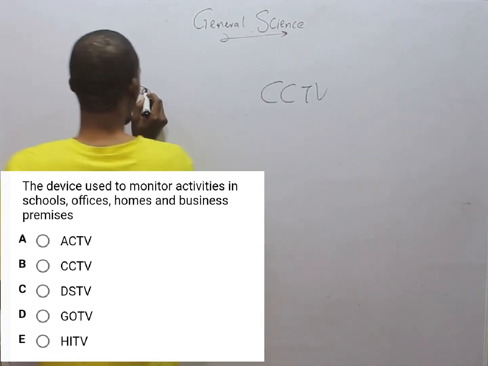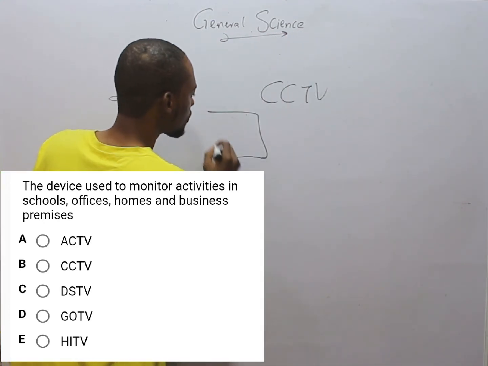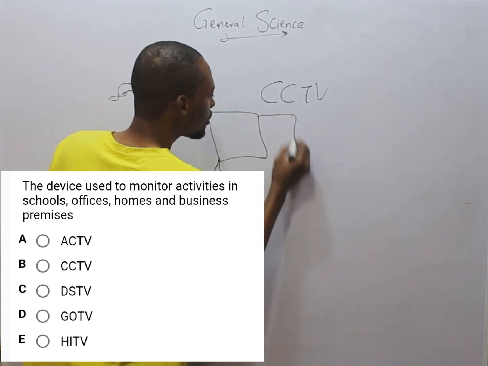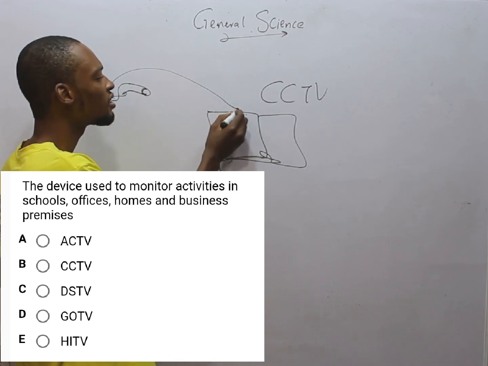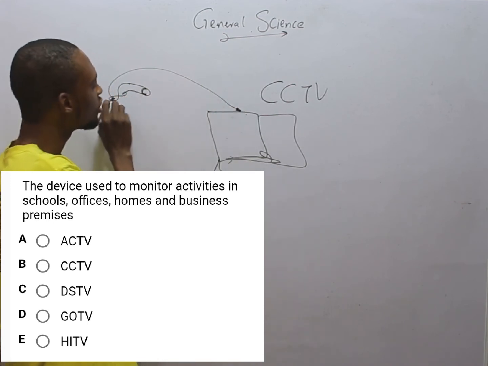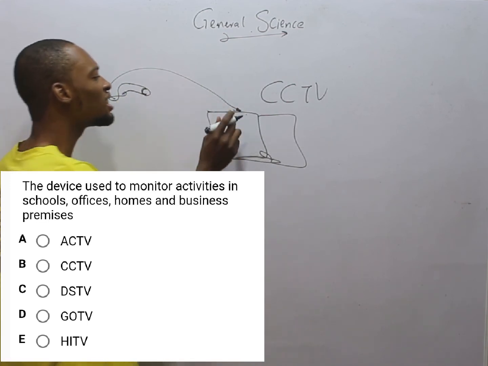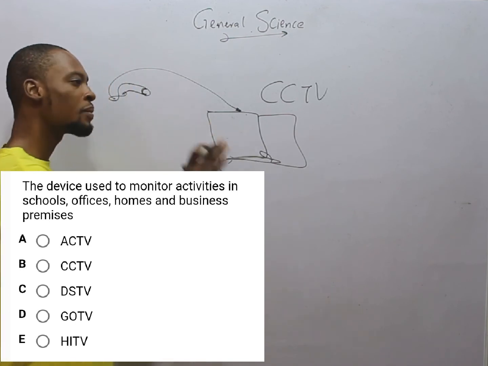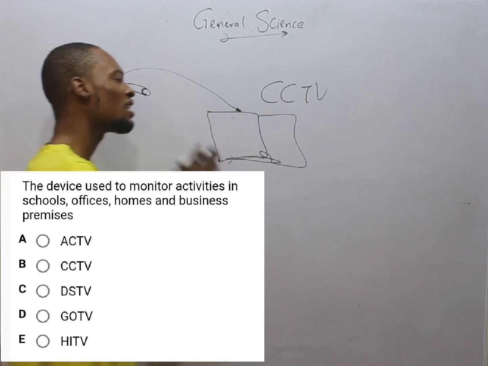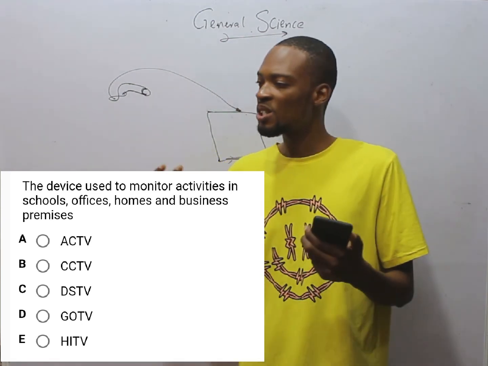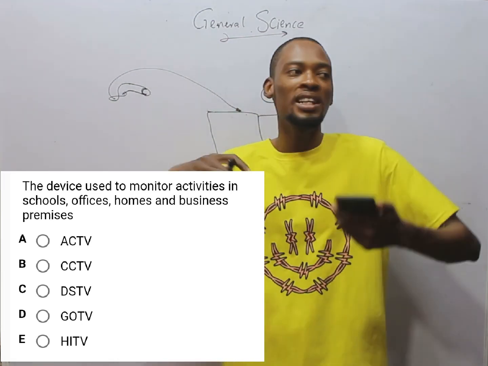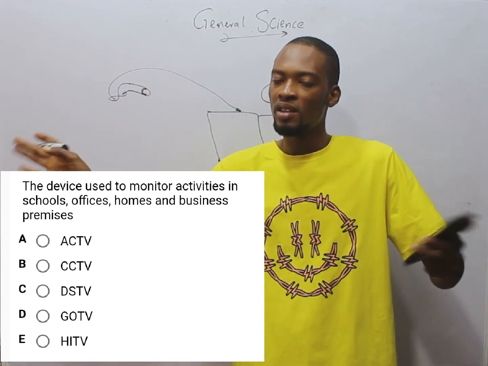And with that CCTV camera, you see a television in one room or two televisions. What is that television showing? That television is connected to this camera to see the result. It is only the TVs that are connected that we see what is happening around, not all TVs. This is why it is called closed circuit television. In traditional television, you see the broadcasting, everybody can watch something or one channel around the world.